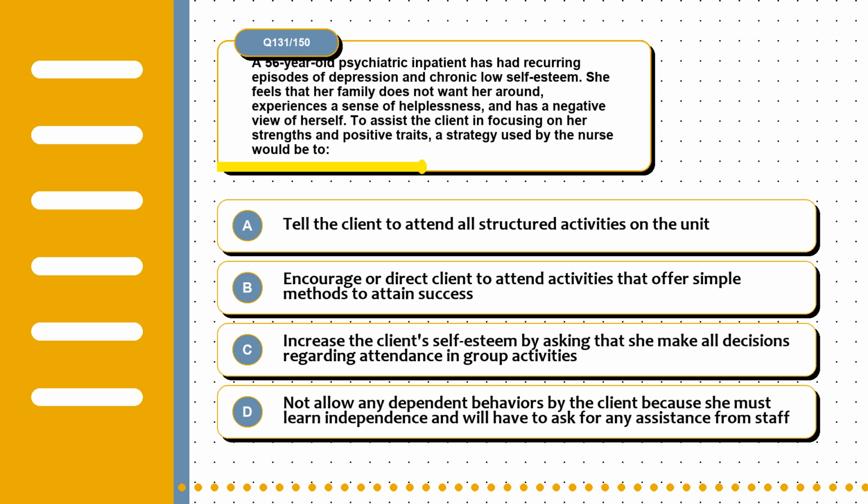Option A, tell the client to attend all structured activities on the unit. Option B, encourage or direct client to attend activities that offer simple methods to attain success. Option C, increase the client's self-esteem by asking that she make all decisions regarding attendance in group activities. Option D, not allow any dependent behaviors by the client because she must learn independence and will have to ask for any assistance from staff.